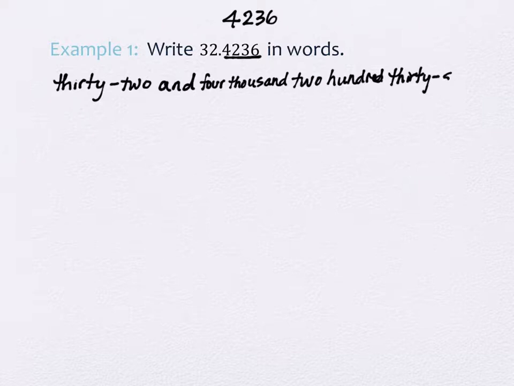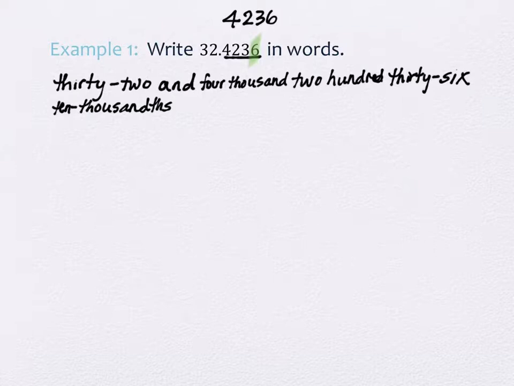And again, the 30 dash, the hyphen 6. And then we identify the place value where that last digit falls. So what place value am I in on the 6 in this number? It is the 10,000ths place. So we write the word 10,000ths at the end of this. So this is 32 and 4,236 10,000ths. That's how we read it.